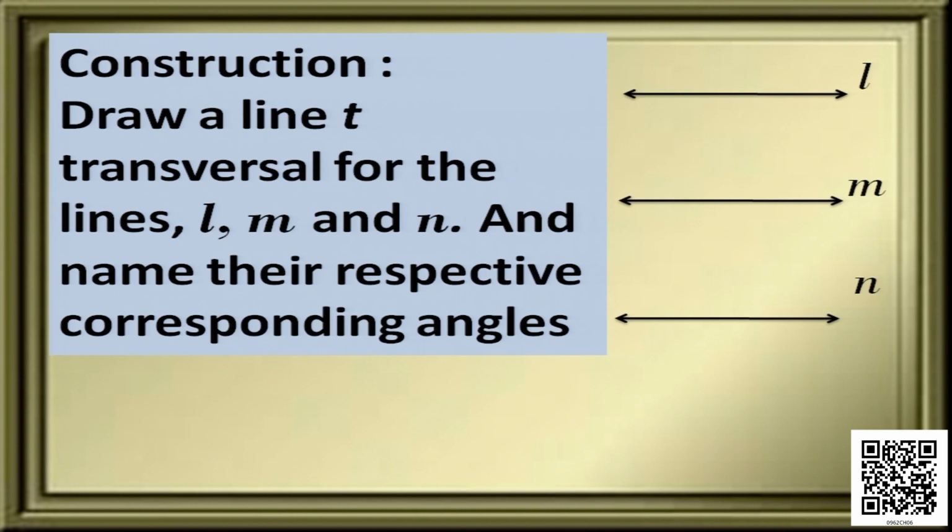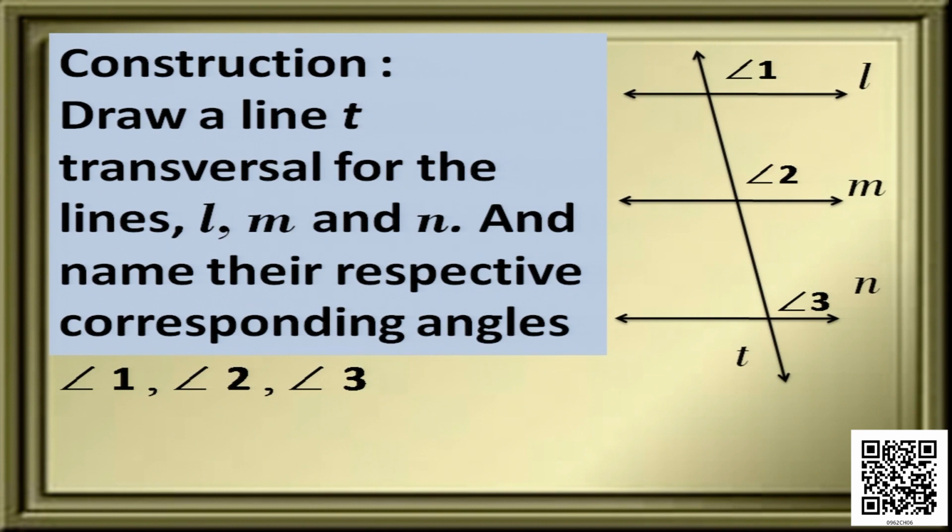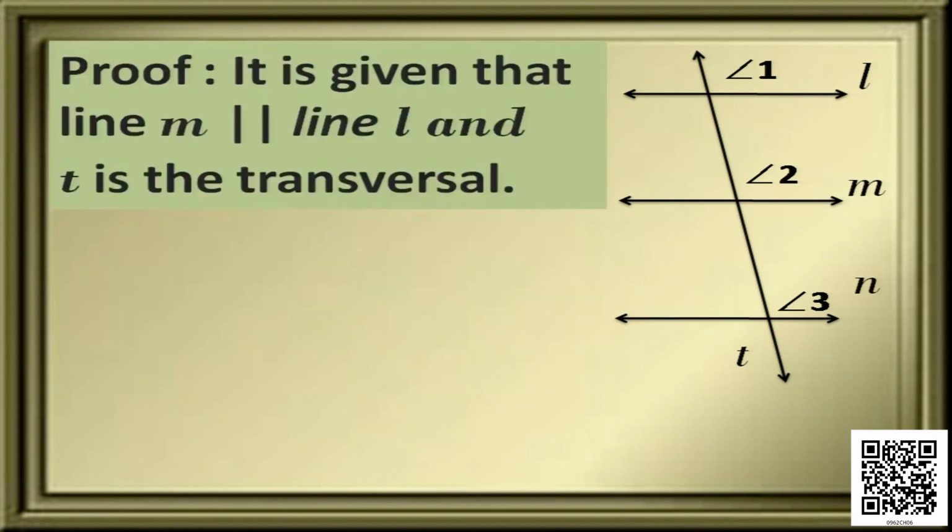Draw a line T, a transversal for the lines L, M and N, and name their respective corresponding angles as 1, 2 and 3. Then after naming these corresponding angles, now let's see how to prove it.